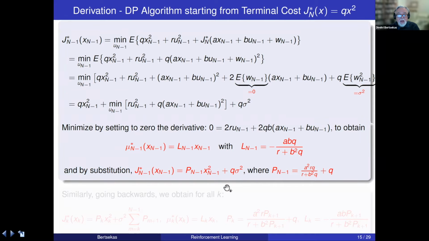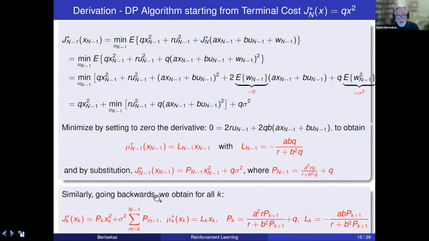And exactly the same calculation gives us, going backwards, this form of J_k star, a quadratic in the current state with some coefficients P_k that are going to be computed analytically.